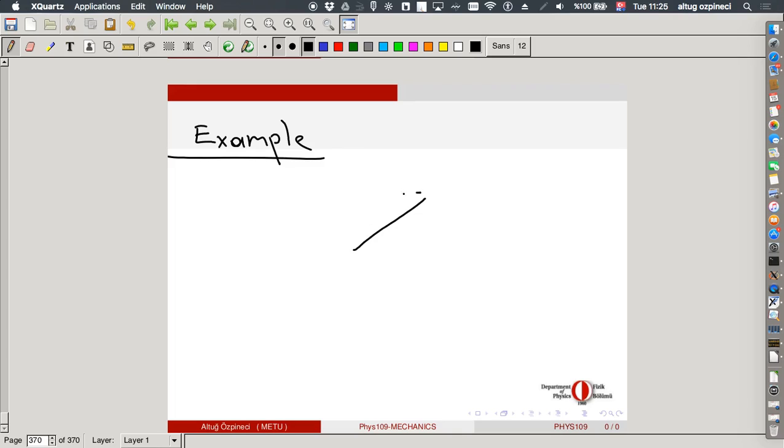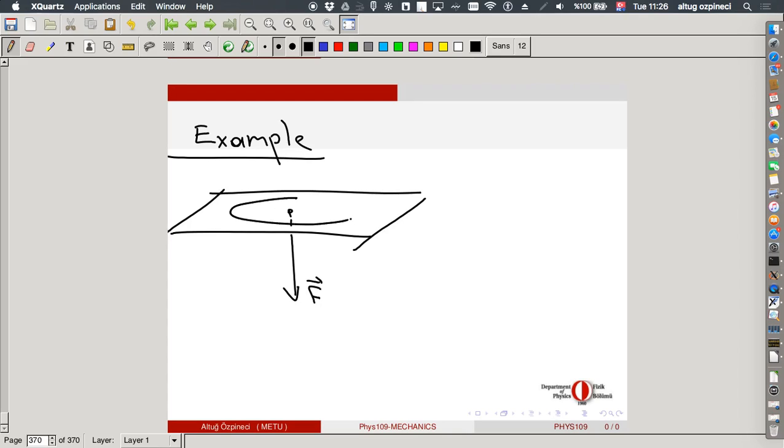There was a string going down, on which we were exerting a force, and there was an object doing circular motion. Let's say this is the radius r. It had some speed v.